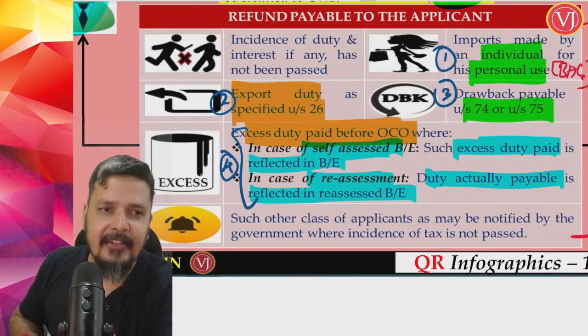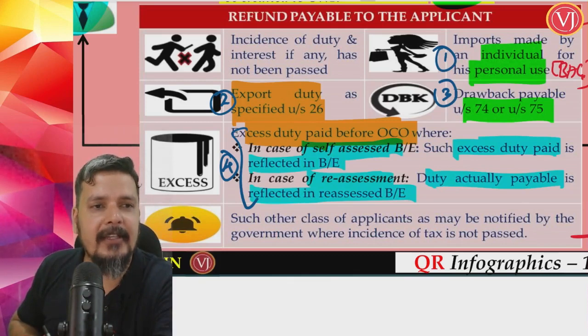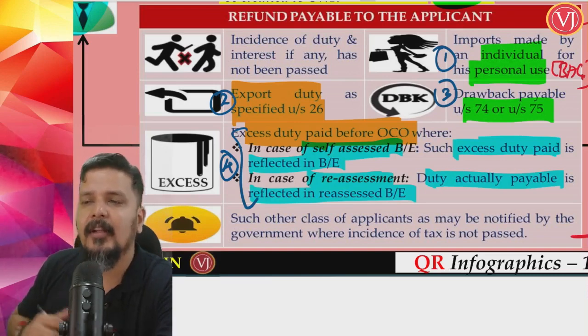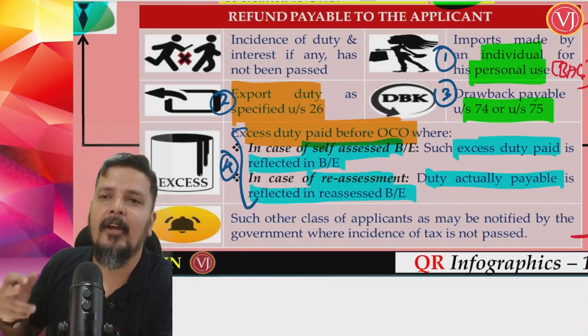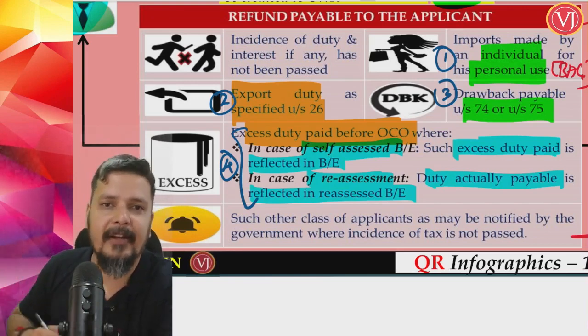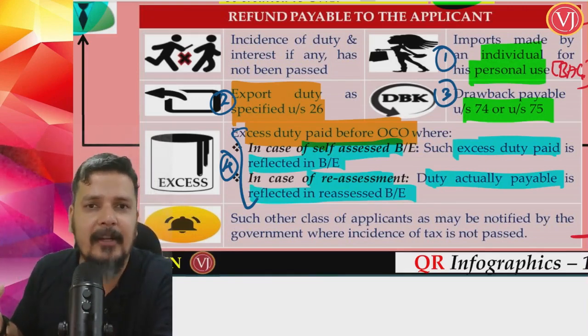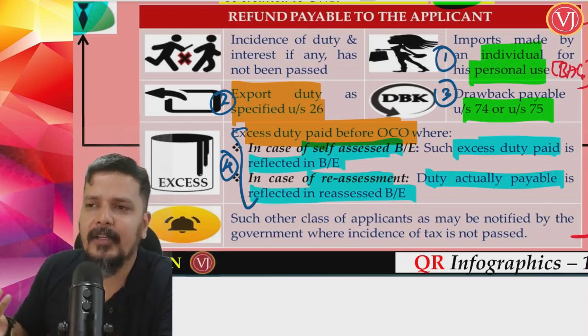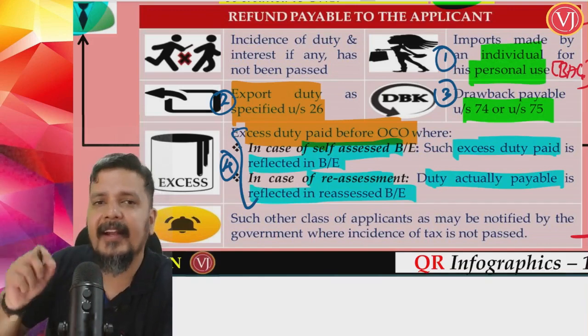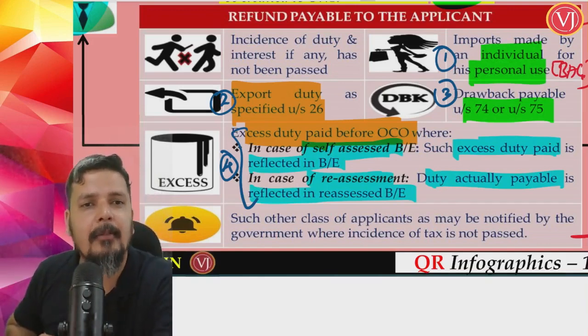Whether it is baggage, or export duty refund under section 26, or duty drawback under section 74 or 75, or excess duty payment reflected in your self-assessed or reassessed bill of entry but the out of charge order is not yet passed and you have not yet cleared the goods.